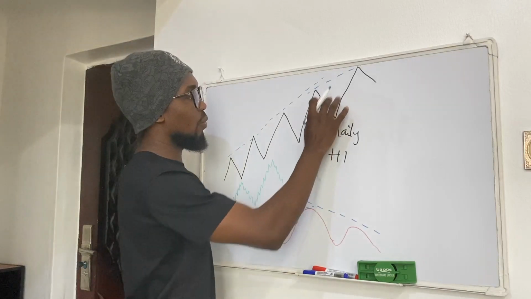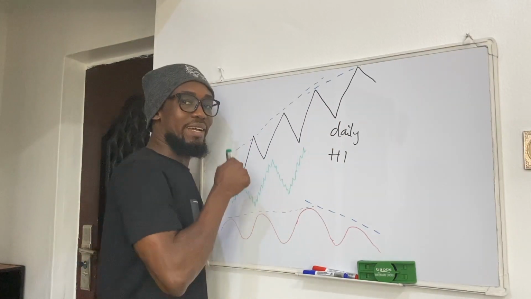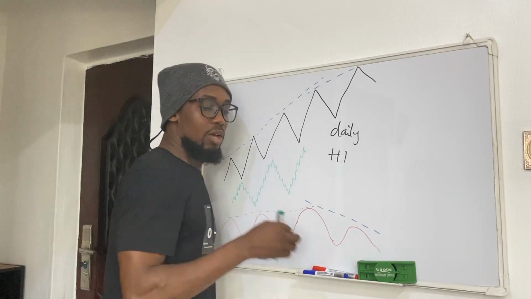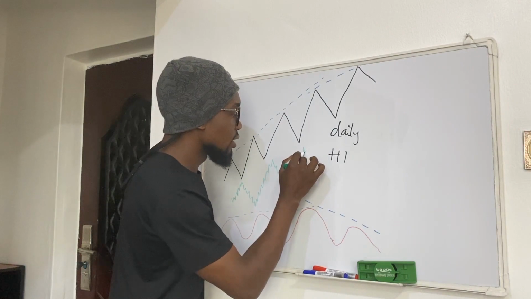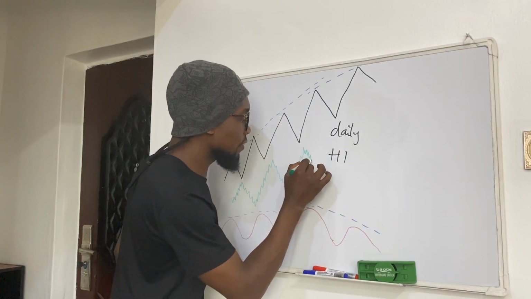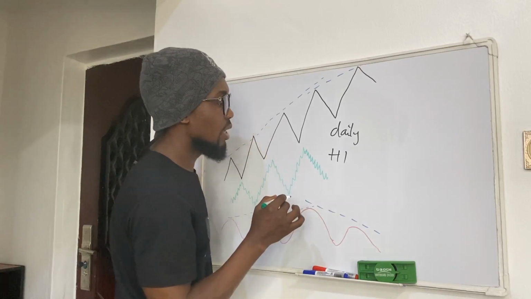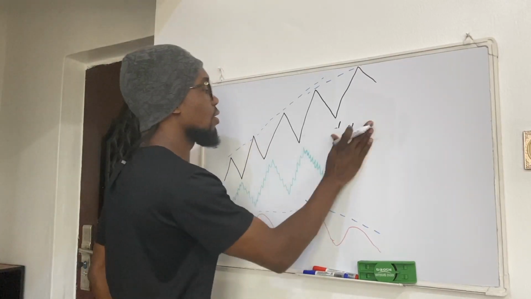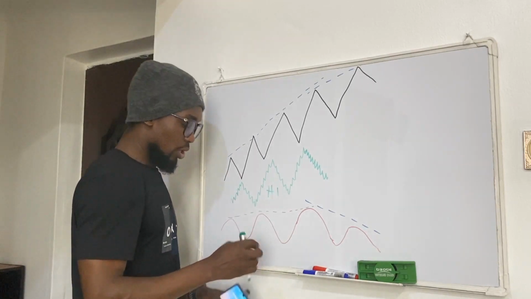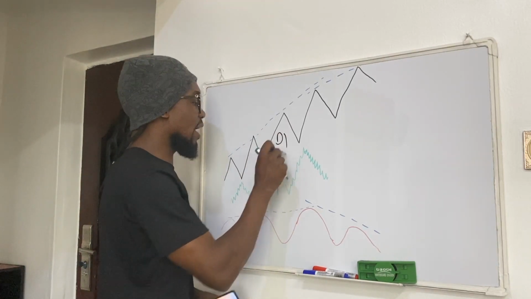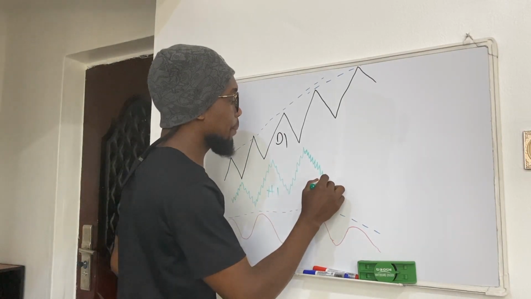From this area where the divergence occurred, let me tell you what happens there. When you go back to a lower time frame, what you're going to see is the market choppy, very tiny, plenty of candles, and then suddenly you are going to find a sharp spike.